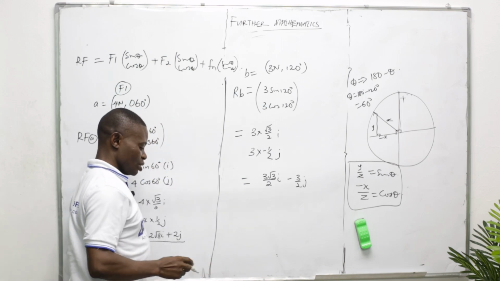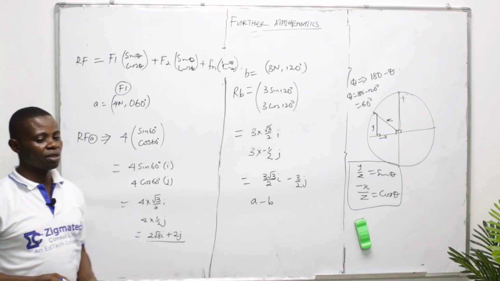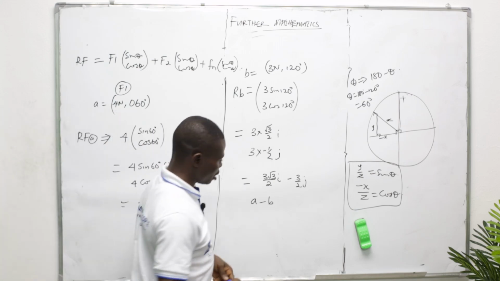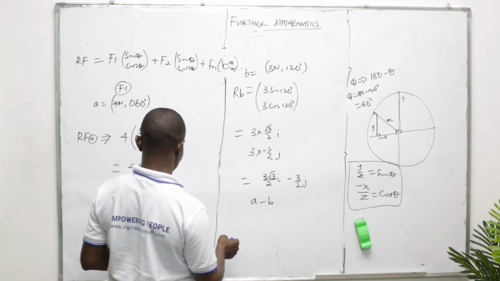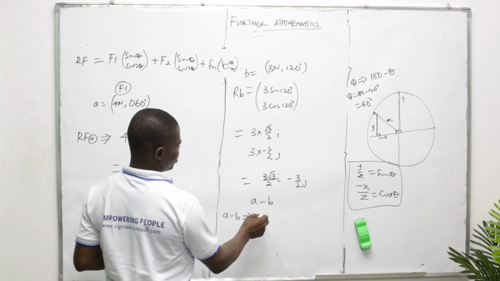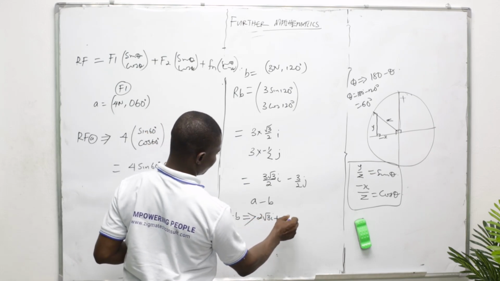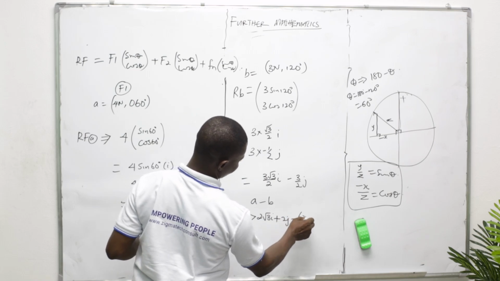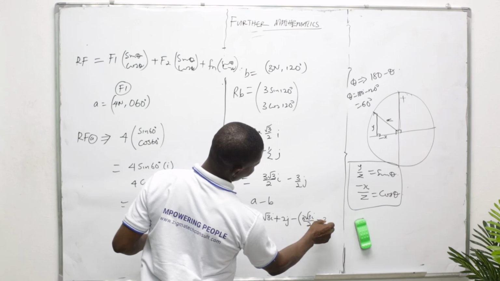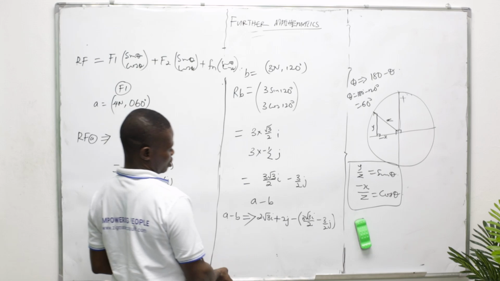But the question is: find A minus B. Can you see the question? A minus B. WAEC, they are technical in their further maths questions. So A minus B now implies 2 root 3 I plus 2 J minus bracket 3 root 3 I all over 2 minus 3 all over 2 J. The journey has started here.